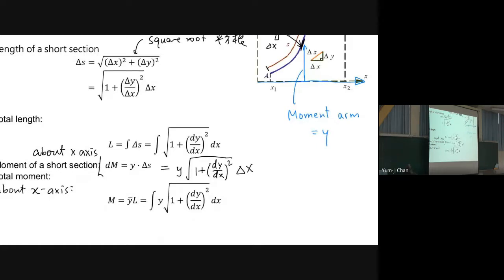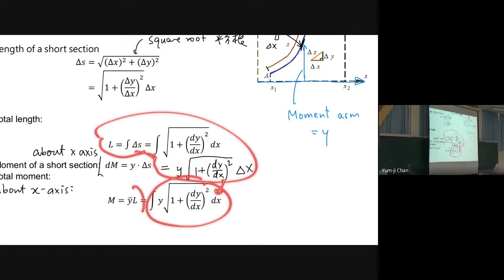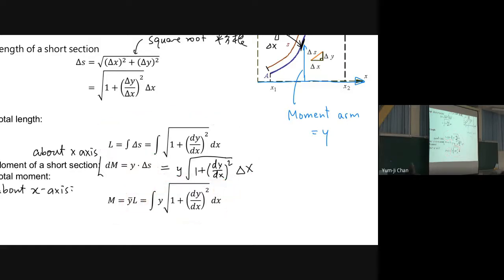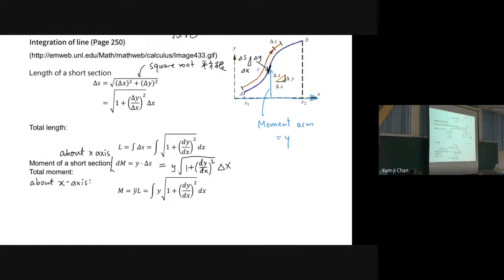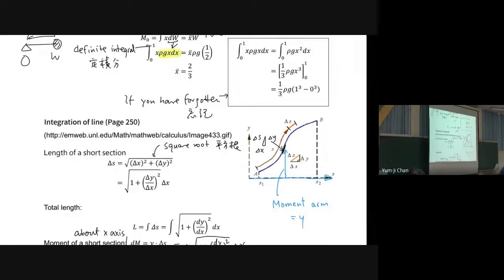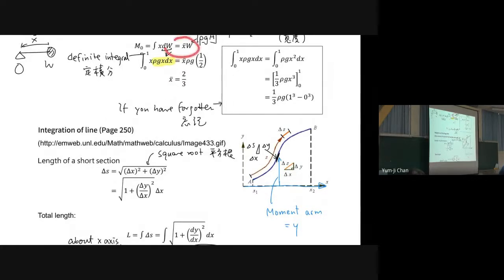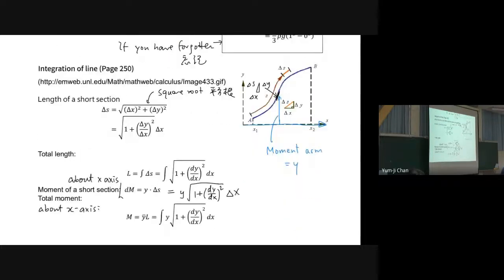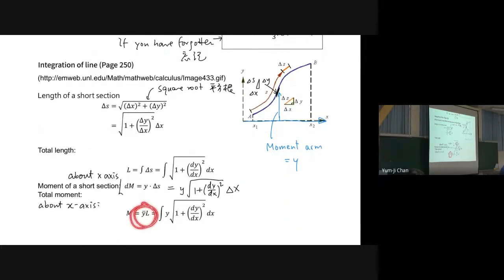From here we can work it out like this, using the idea on the top left hand corner, and then M is equal to y bar times L. This is the centroid.